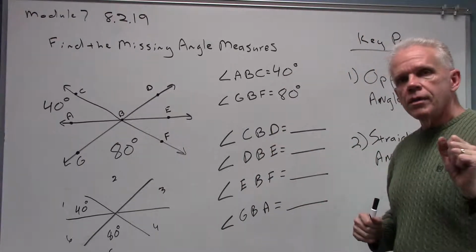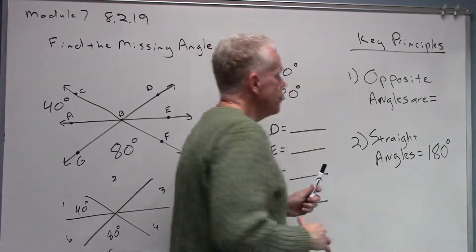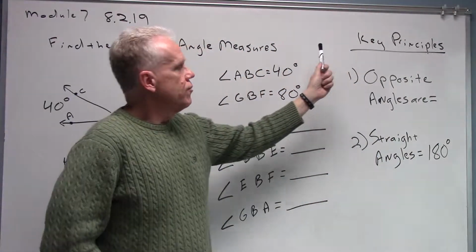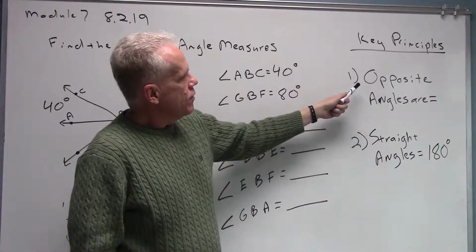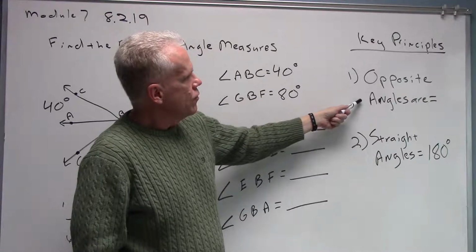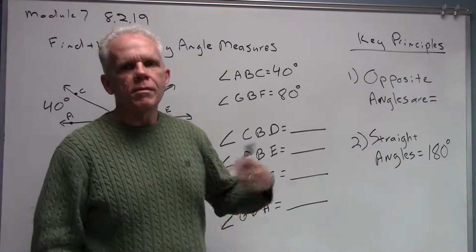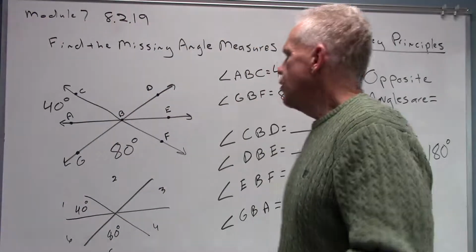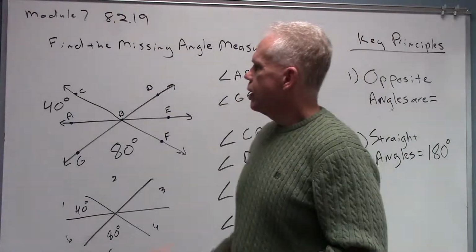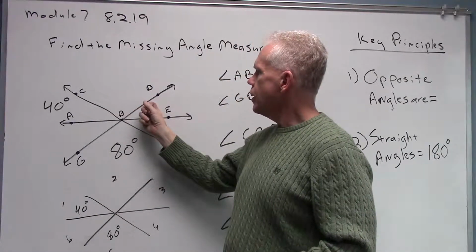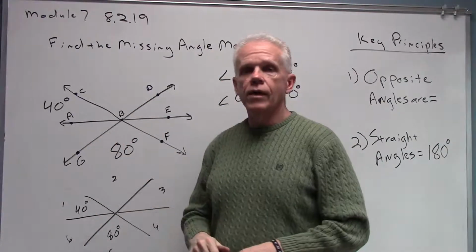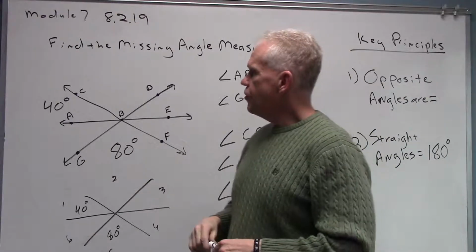We've got a couple of really important principles to lock in as far as geometry goes. First, opposite angles are equal to one another. What do we mean by opposite angles? If we go back to our original figure, we've got six different angles here, and some are opposite others.